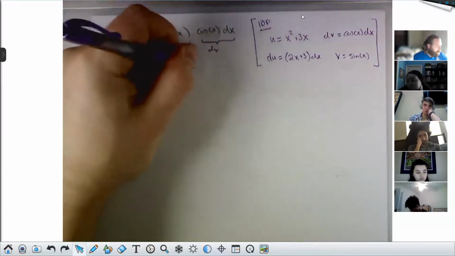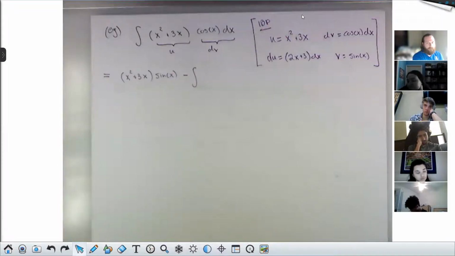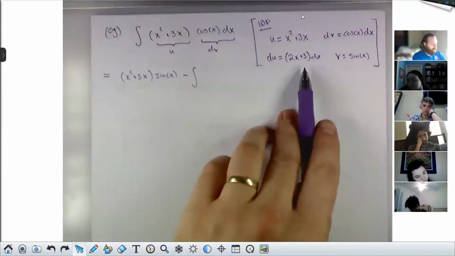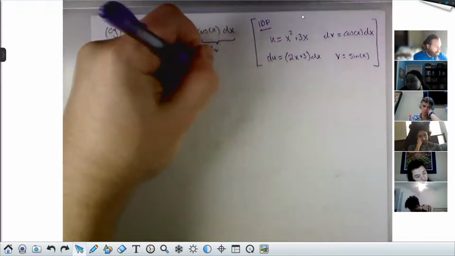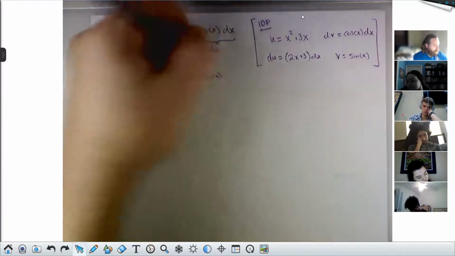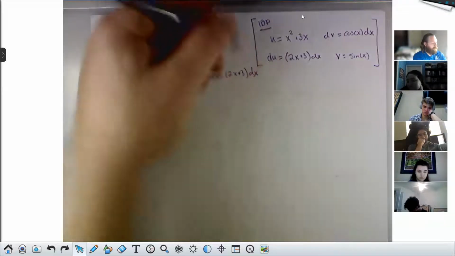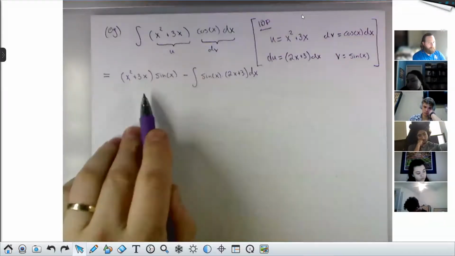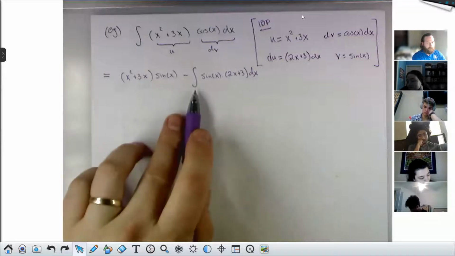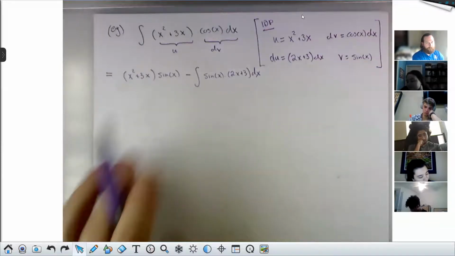And then you get minus the integral of v times du. Okay, uv minus the integral of v du.